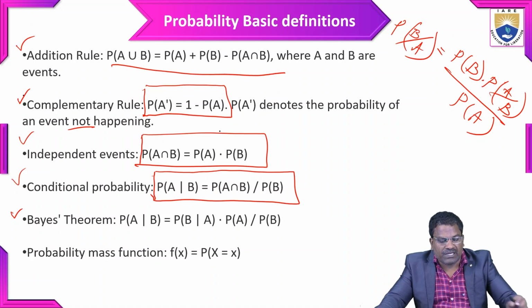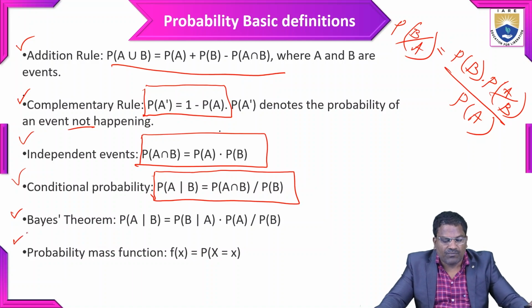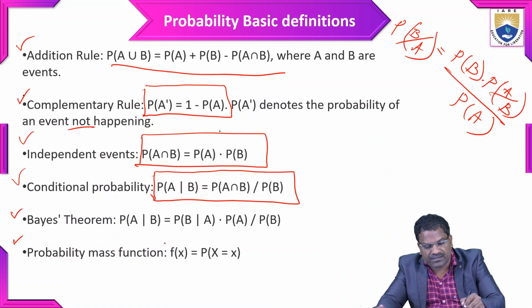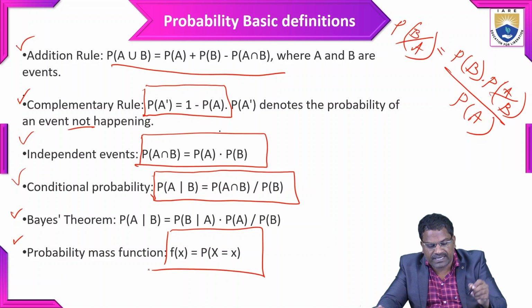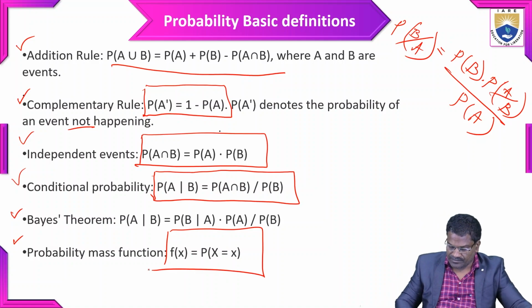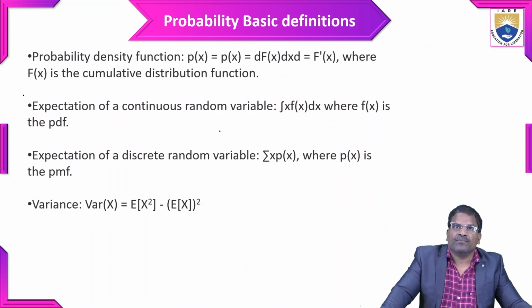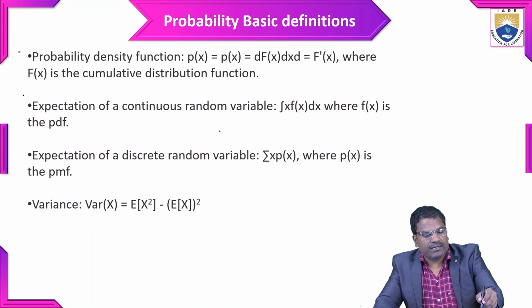Next, probability mass function. Previously we have discussed f of x is equal to P of X is equal to x. Now let us define probability density function.